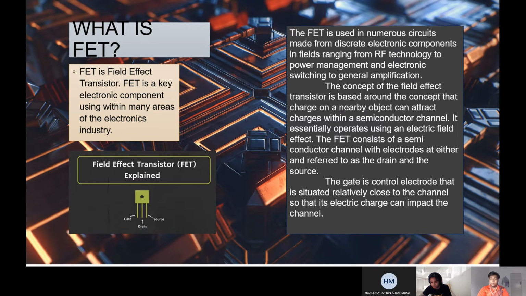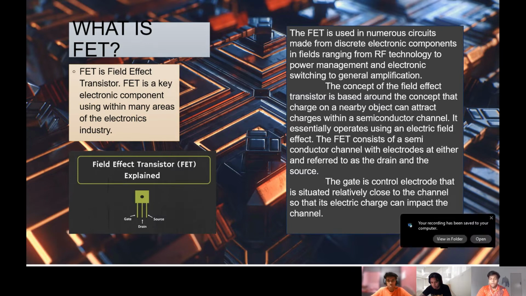The concept of the field effect transistor is based around the idea that charge on a nearby object can attract charge within a semiconductor channel. It essentially operates using an electric field effect. It consists of a semiconductor channel with electrodes at either end referred to as the drain and the source.